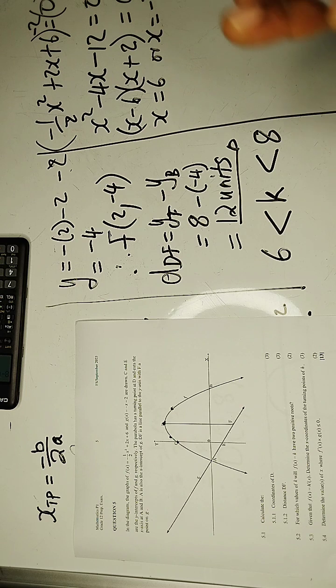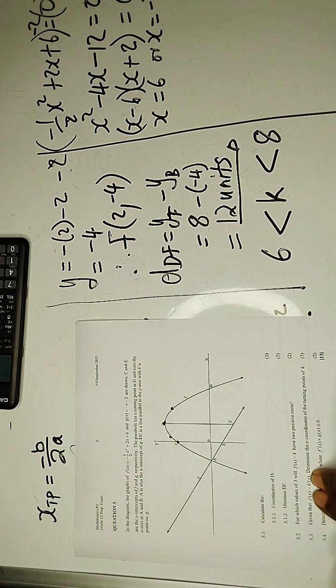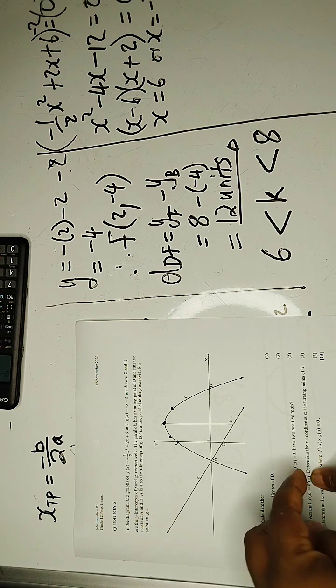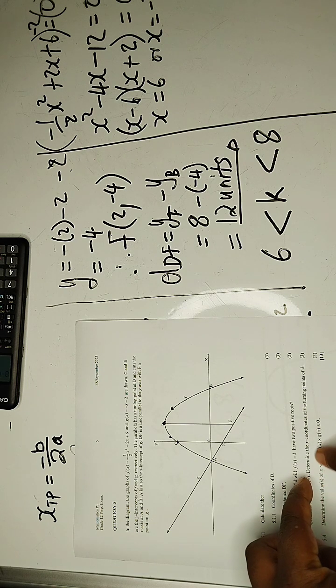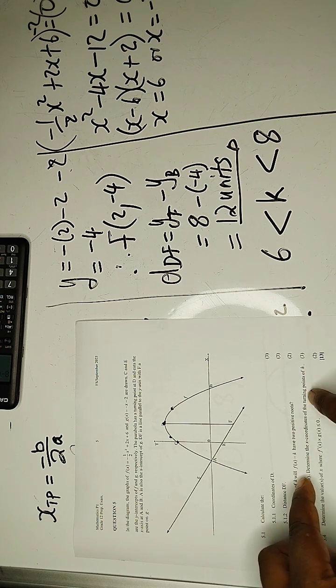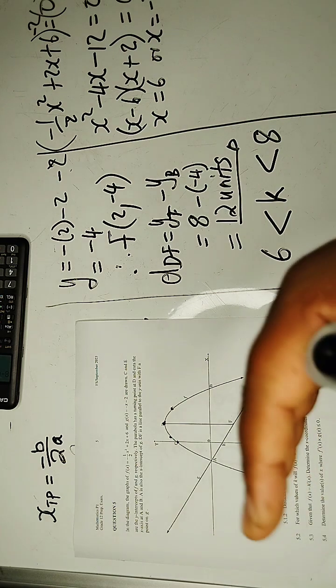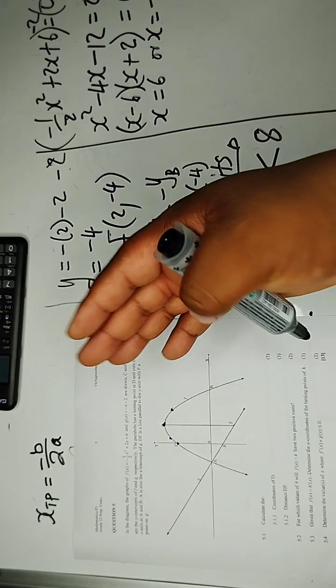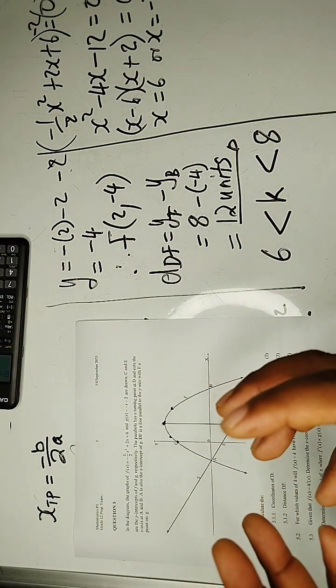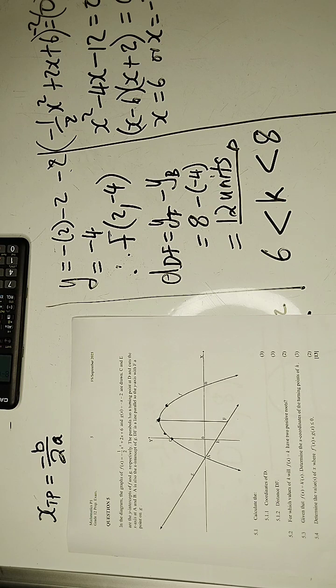This is what they are looking for. Please know the trick. When they say it's a derivative, the first derivative will always be equal to 0 at the turning points. So know that they are trying to integrate parabola and cubic together. Note that trick.